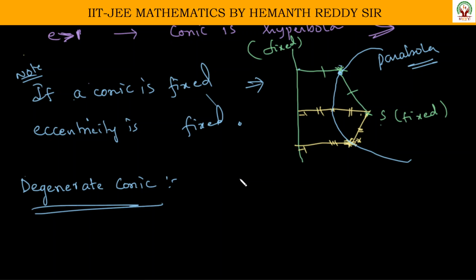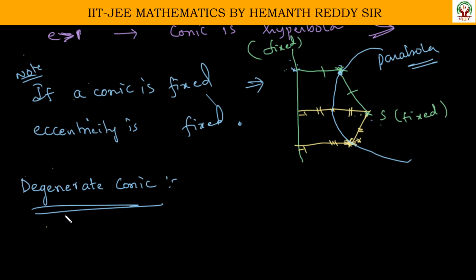Here I've taken two different things: the focus and directrix are two different things, that is, the focus doesn't lie on the directrix. But the focus is a fixed point and the directrix is a fixed line, so what if the focus lies on the directrix? Such a conic is generated in that case.